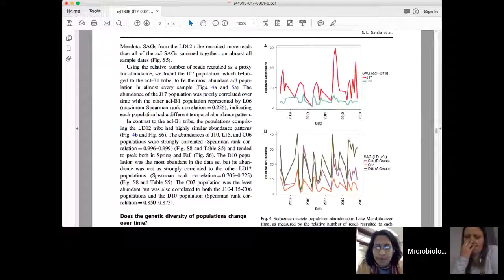So in the end, what they conclude is that for the top, which is an AC1 lineage, they've got 2 sequence discrete populations that they're tracking over time. And they called this a poorly correlated one.